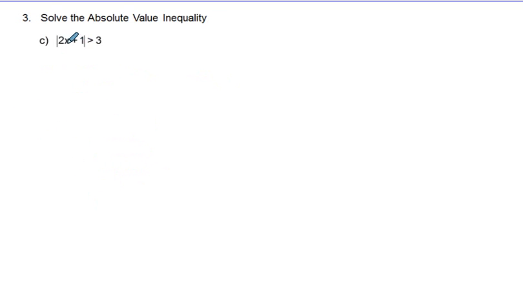Okay, now for C we have absolute value of quantity 2x plus 1 is greater than 3. So in this case we have greater than, so we have 2x plus 1 is greater than 3, and remember more is or, and we're also going to have 2x plus 1 is less than negative 3. And so it's like we divided by a negative number, so that reverses the sign.